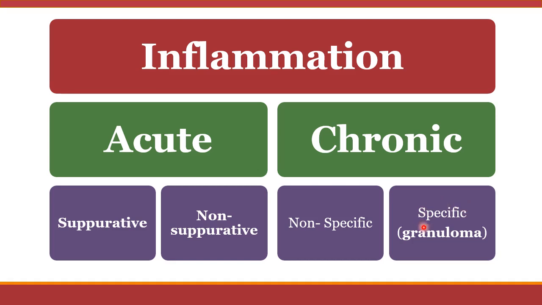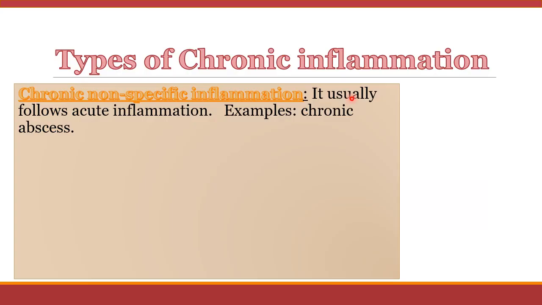If there is specific chronic inflammation related to certain causes, most probably this will be called granuloma. And this granuloma is a whole big story that is going to be discussed in depth in a whole chapter. So types of chronic inflammation include non-specific and specific.